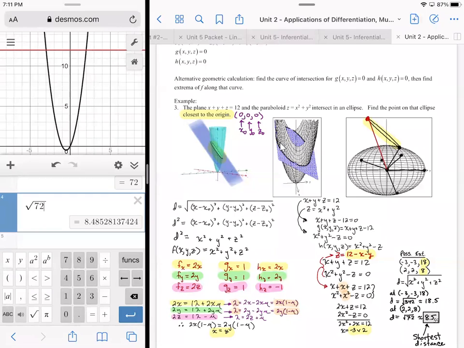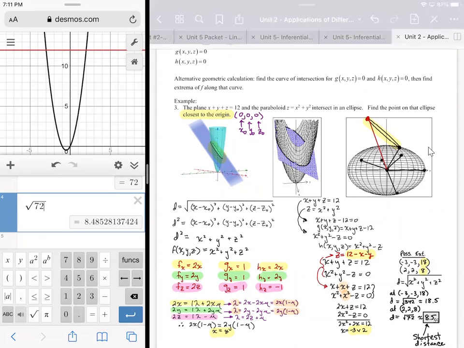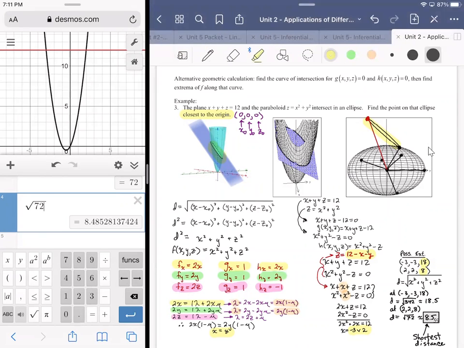It's always the algebra, though. You know that. Oh yeah, good call. It is asking for the point that's closest. The shortest distance would be 8.5, but the point that's closest is going to be the 2, 2, 8. Very good. Thank you.